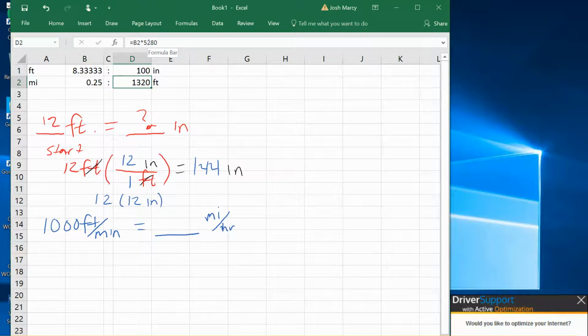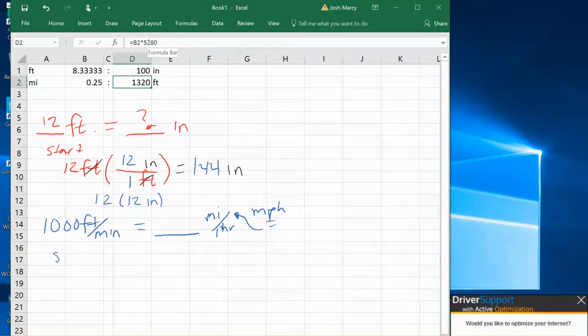Remember that mph, that per, really just means division. So it's a shortcut, a lazy way of writing miles per hour, but it means how many miles per 1 hour. Now, I don't know how to get feet per minute straight to miles per hour. This is going to take a few steps.